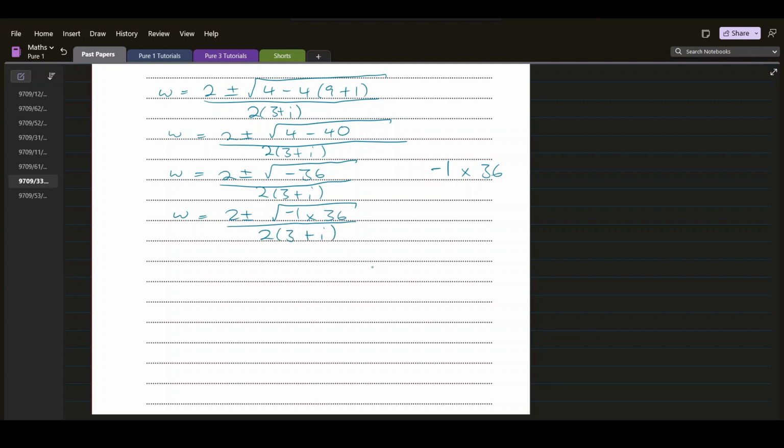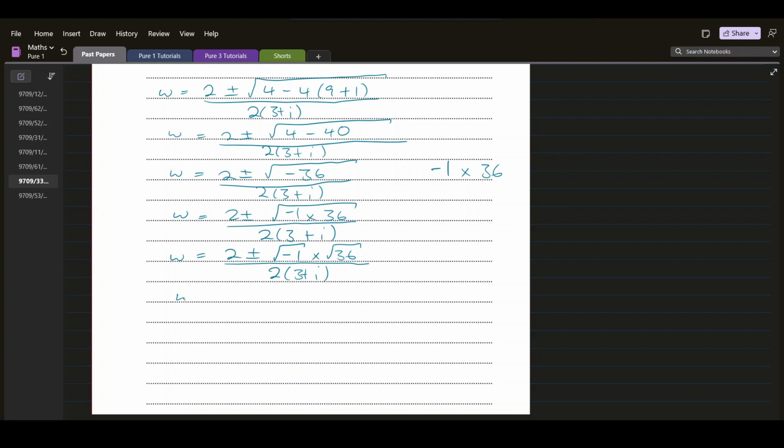Once we've written minus 36 as minus 1 times 36, this allows us to distribute the square root sign so that this becomes root minus 1 times root 36, all over 2 times 3 plus i.